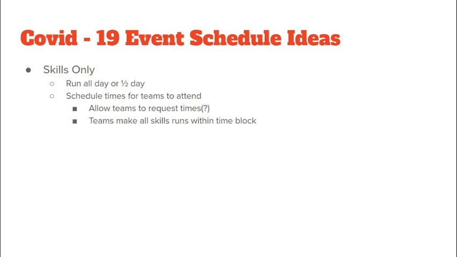They'll just run their skills runs, and then they can either leave or potentially stick around in case there's awards for it. But this would be something that you could easily run as an all-day event where teams may schedule when they're going to show up. They may show up for an hour or a half hour. They'll get in their 6 runs, and then they'd be free to go home.